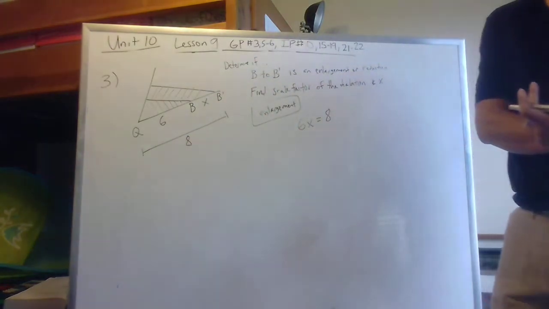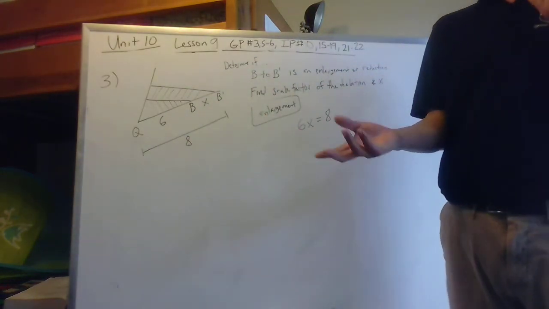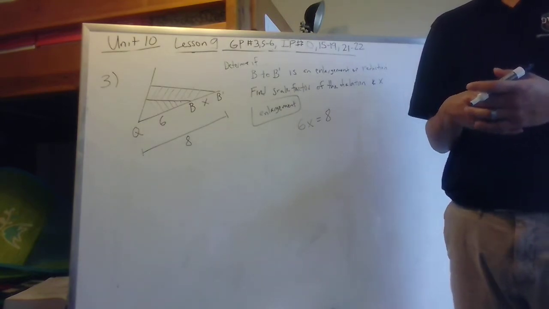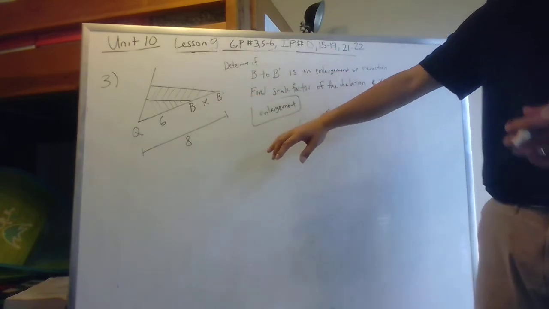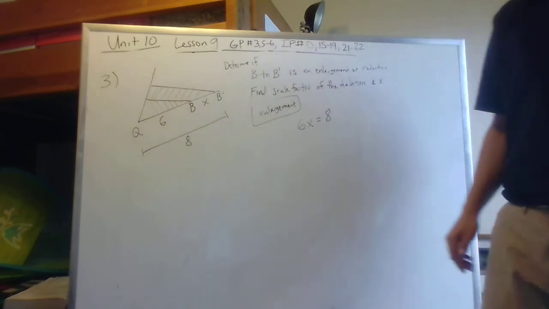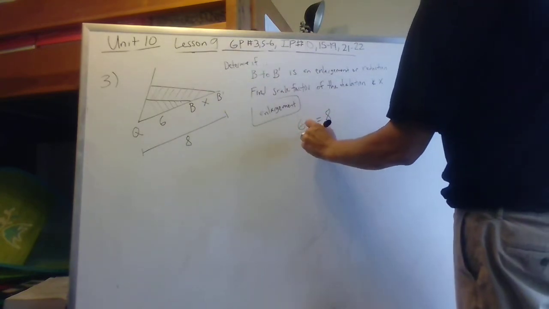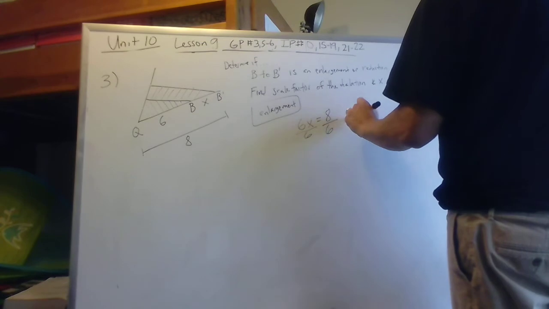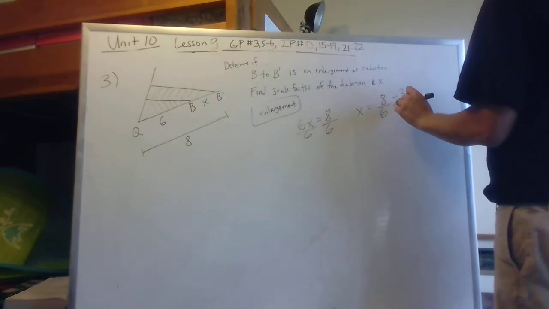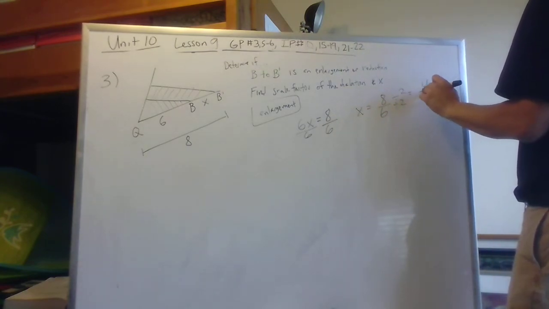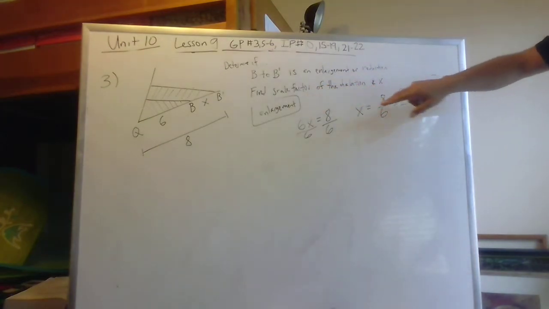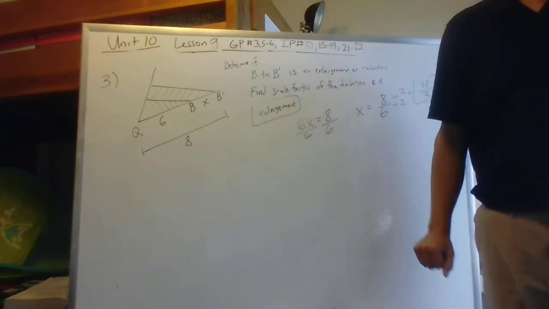Because a dilation, or a reduction or enlargement, is going to be a scale factor, and a scale factor is a number that you multiply the variable by. So if we have 6x equals 8, we're going to solve for x. If we do the math, x is going to equal 8 over 6, and we're going to simplify by dividing the numerator and denominator by 2. So that gives us an enlargement of 4/3. So the scale factor is 4/3, and it is an enlargement.